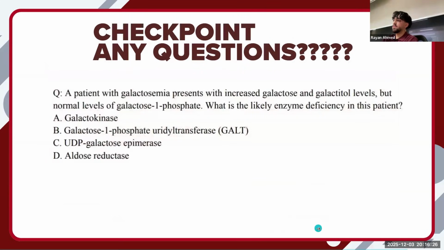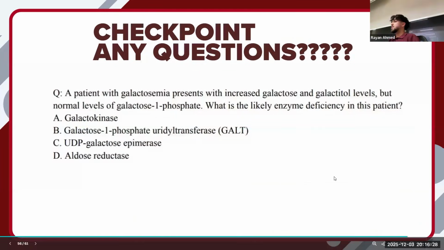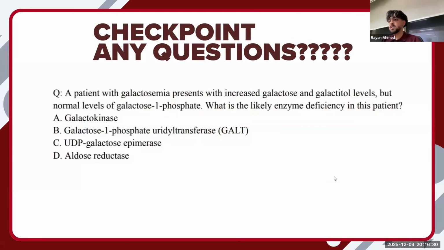Okay, checkpoint for galactose. If you have any questions, please let me know. And if you don't, I have a question for you. A patient with galactosemia presents with increased galactose and galactitol levels, but normal levels of galactose 1 phosphate. What is the likely enzyme deficiency in this patient?